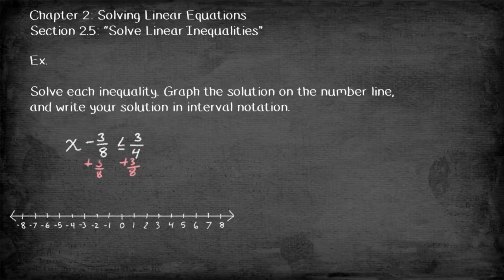And we've got some fractions, so let's just quickly do some side work to figure out 3/4 plus 3/8. Alright, so we get that x is then less than or equal to 9/8.